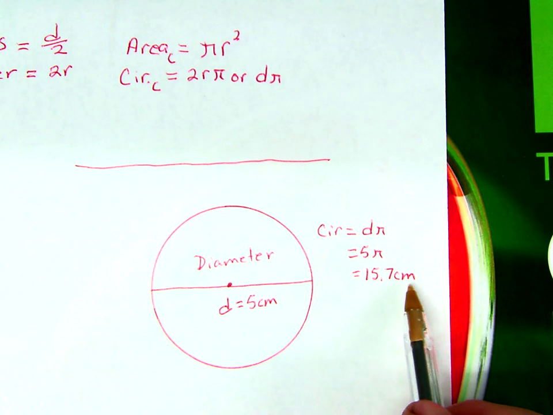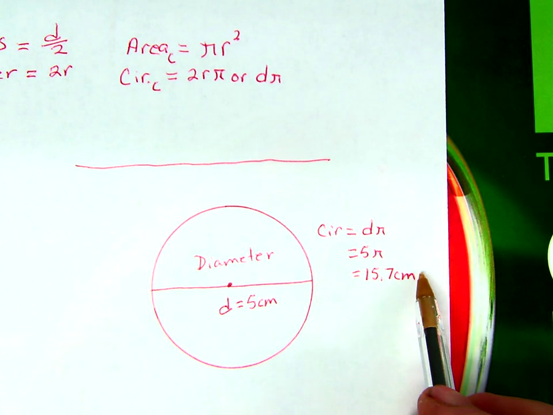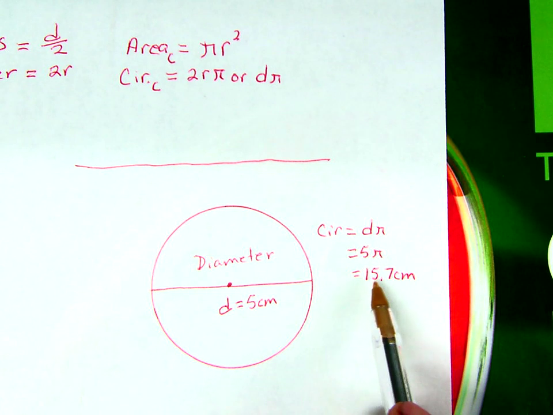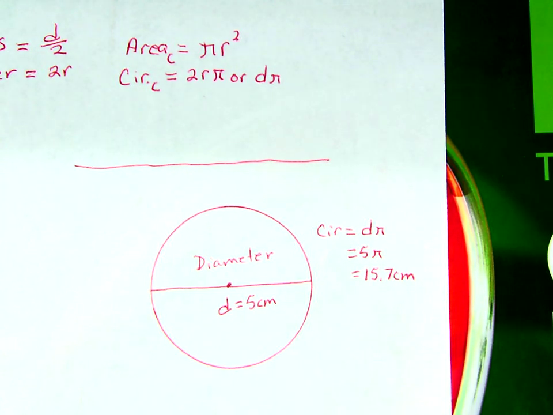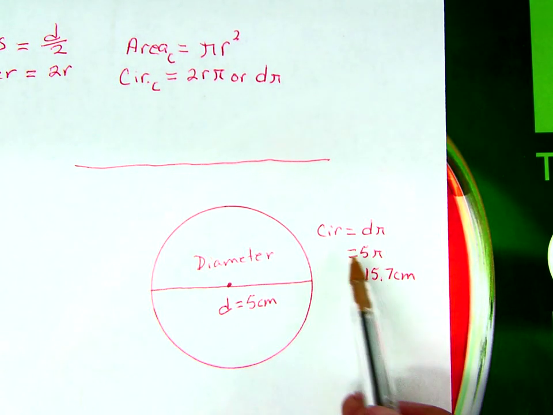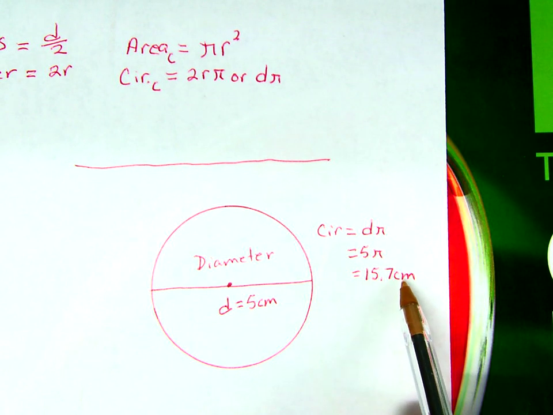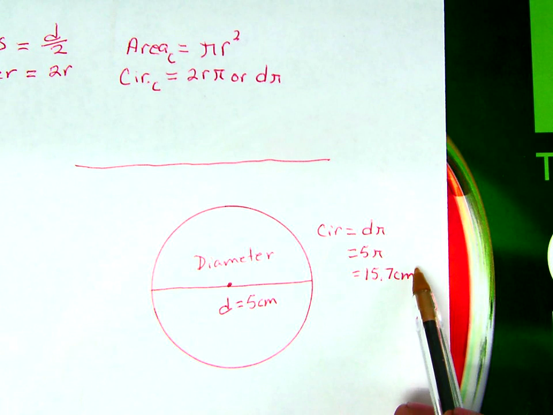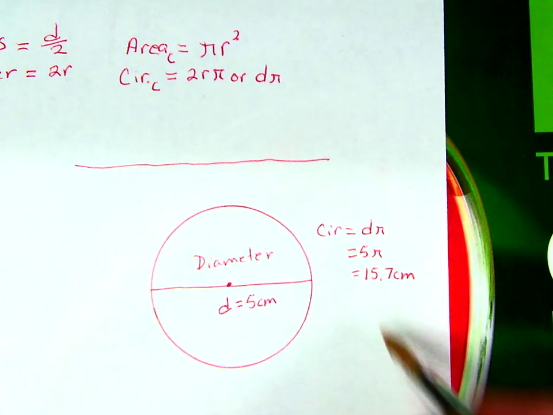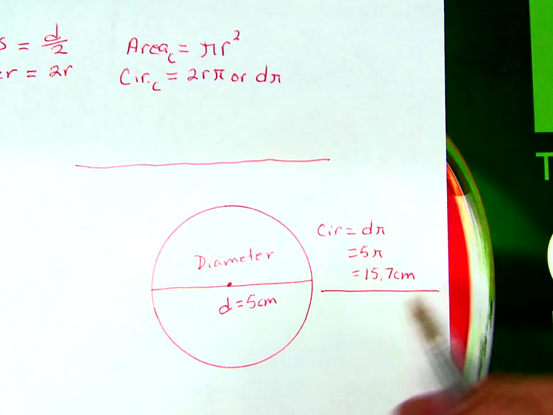And the length would be in units to the first power. It's just 15.7 centimeters long. No height, no width, just length. That's why we write our answers for circumference in units, and then we don't write a power up here. The power is actually 1, and we don't write the power of 1.